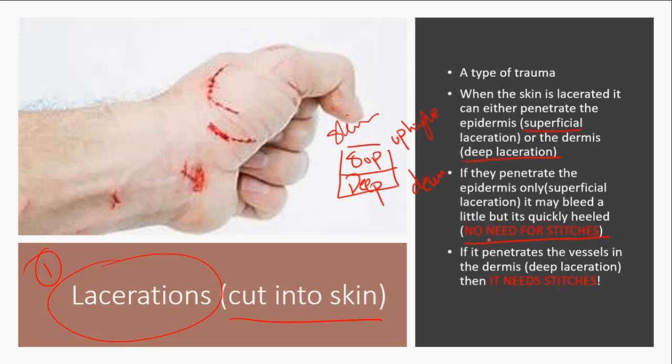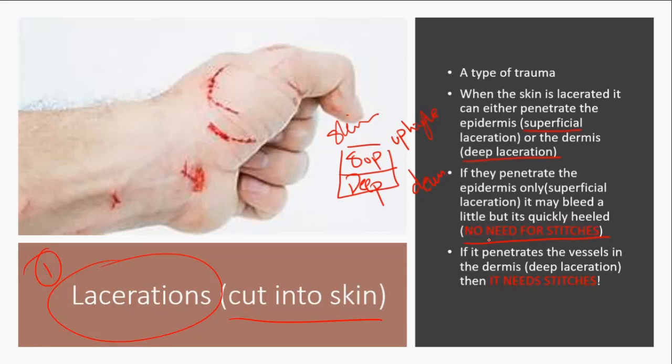So the reason is that when you cut through the epidermis, there's no blood vessels in the epidermis. There's not going to be a lot of bleeding. And remember, the epidermis has a lot of cells in the basal area, at the bottom, that are going to regenerate very quickly. So you can just put a plaster on it and leave it.